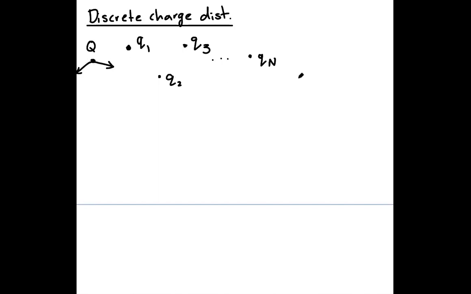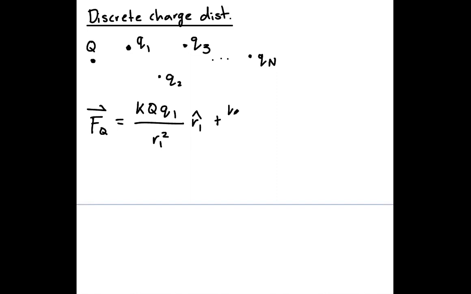And we add up all these vectors until we get to Qn, and that would tell us the net force on Q as a result of these n charges. So in order for us to mathematically represent this, we can say that Fq is equal to K times Q times Q1 over R1 squared times R1 hat, right?